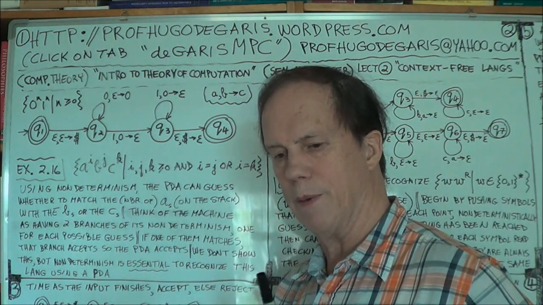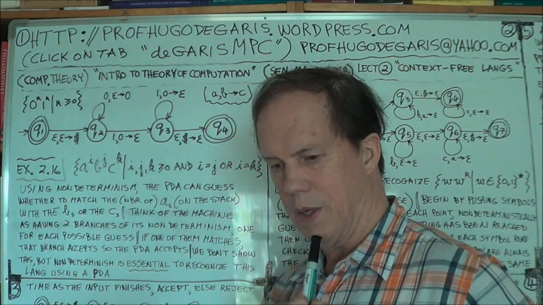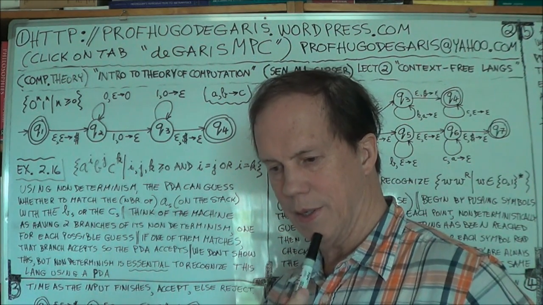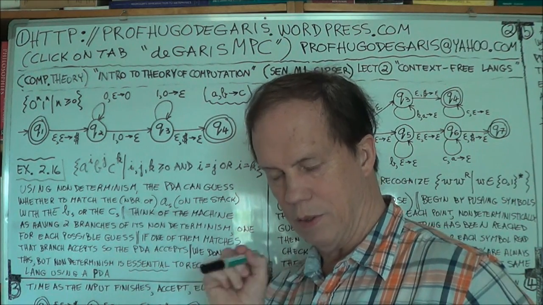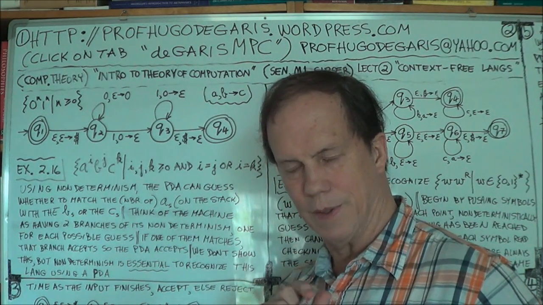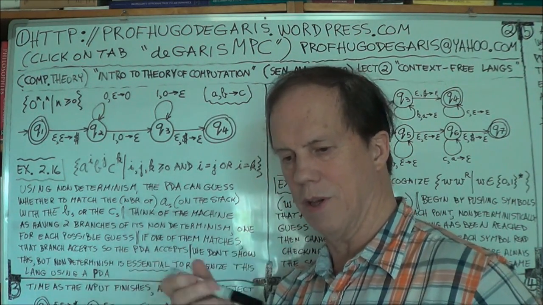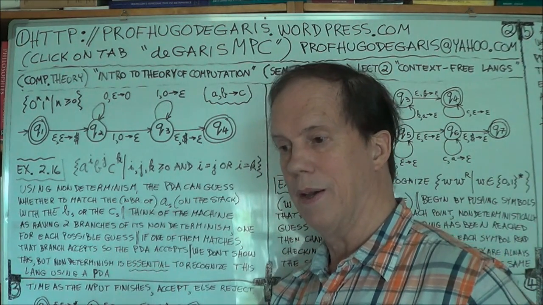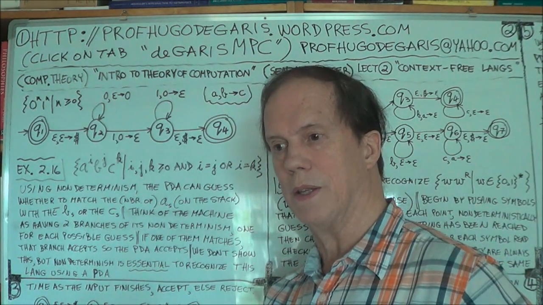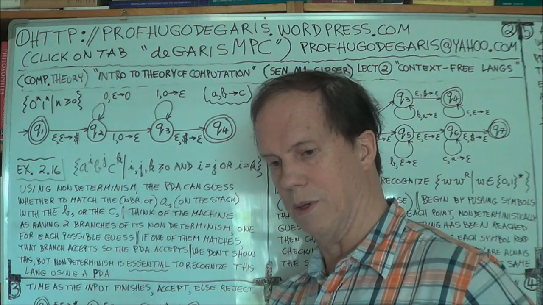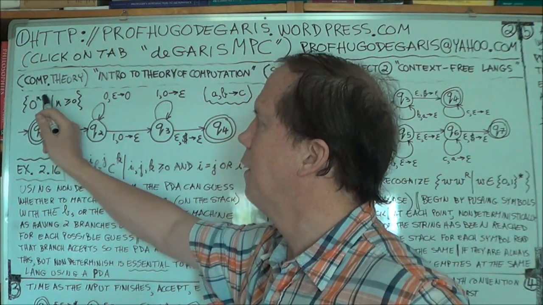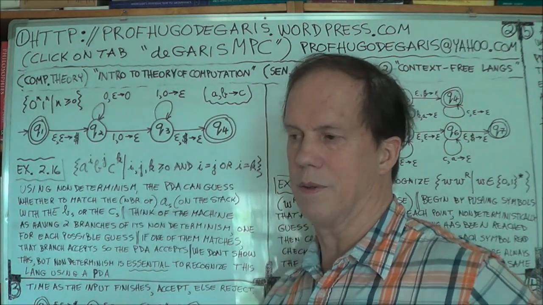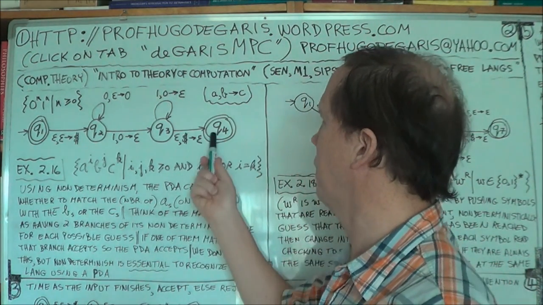Okay? So hopefully, if there's an equal number of zeros and ones, when you've popped your last 1, and you see that there's a $ sign, and the input string at the same time has finished, then you know the counts are the same on zeros and ones. And you'll end up here.